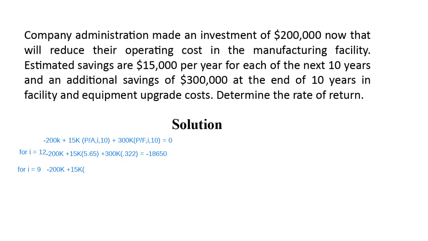Then 300K times P given F, 0.4224. Okay, someone do this for me. Is it plus or minus, Shadi? It is plus. Okay, then we got the flip in the sign.